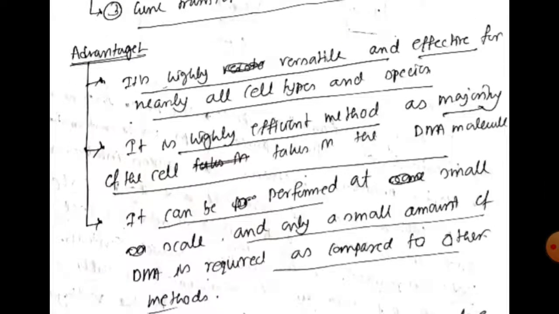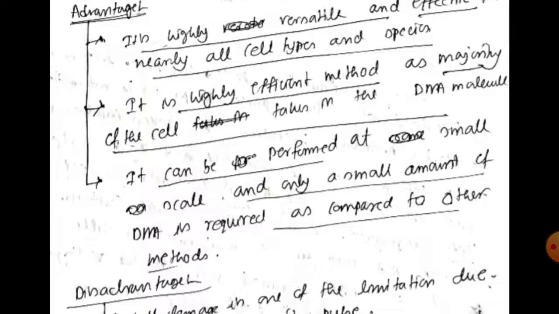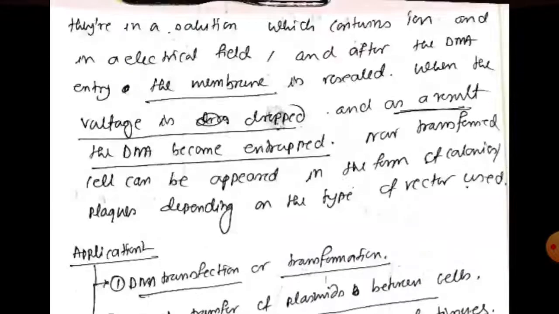It also helps you perform your experiment with a small amount of sample only. But it has the disadvantage that it is non-specific, which in turn causes ionic imbalance and in turn cell death. And if you are using an irregular intensity pulse, there is a chance of disruption of the cell or cell damage.